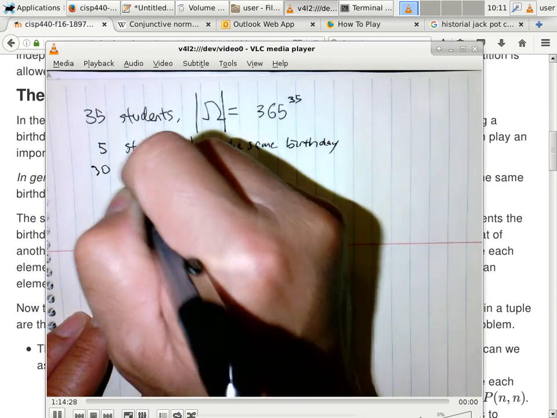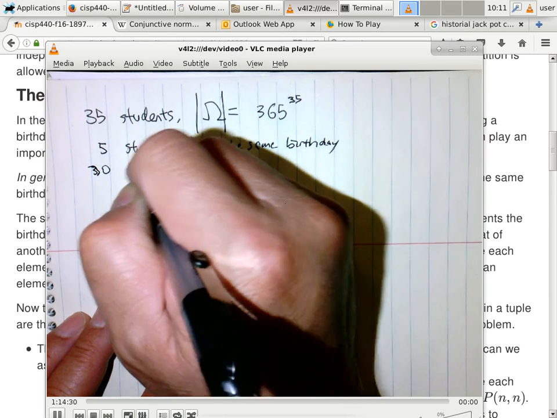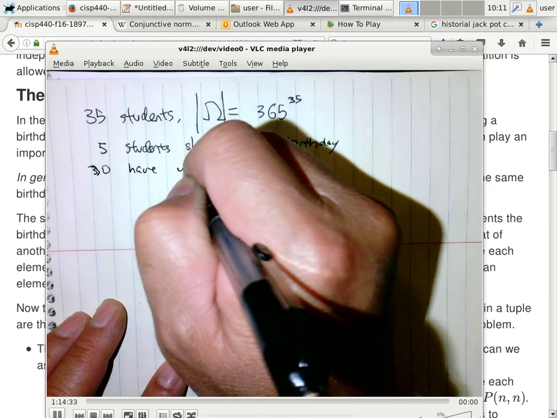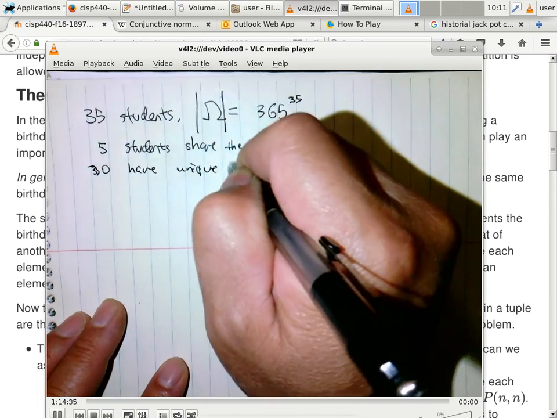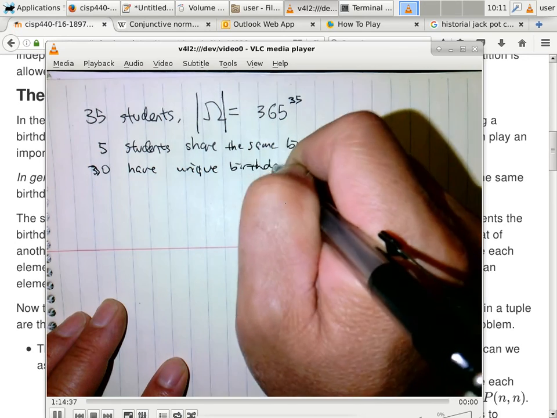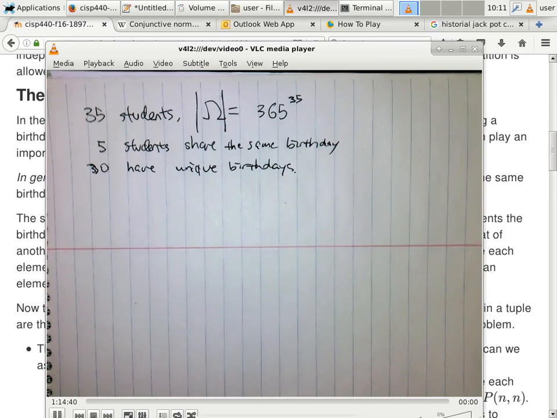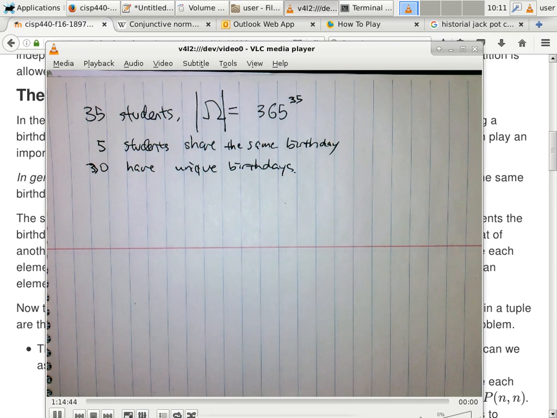The other 30 have unique birthdays. Okay. So this is my problem. I want to find a subset of this omega that fits this description. Any 5 students in the class share exactly the same birthday, and then the other 30 students have unique birthdays. But they can be all over the place. I don't place restrictions as to what those birthdays can be.